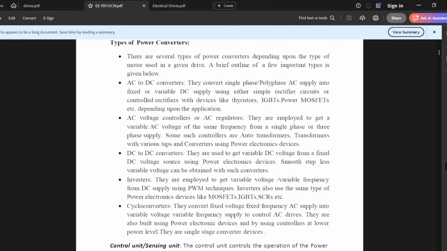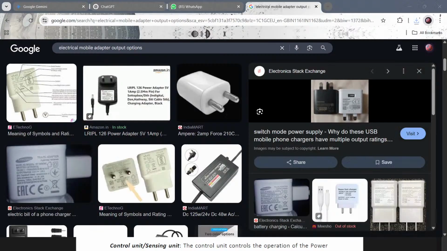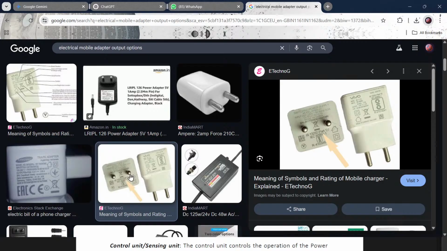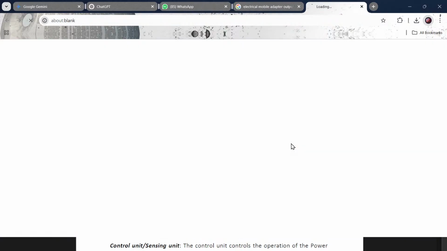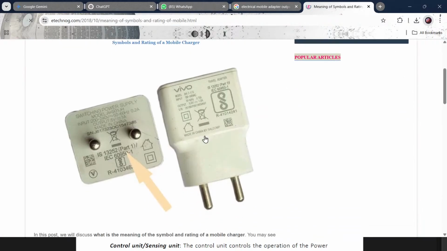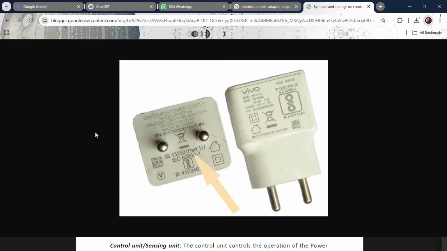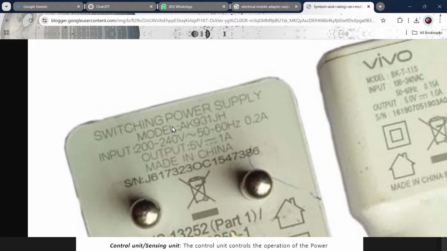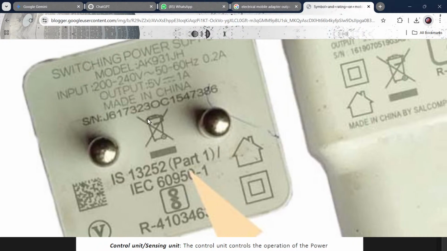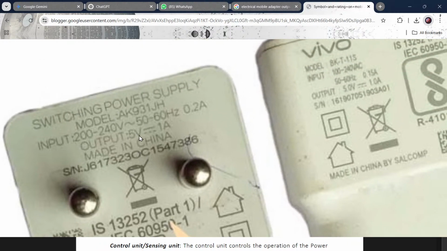Okay, let me activate this one then. Okay, guys, here is the screen. Now you can see this. As you can see here, the output is fixed.